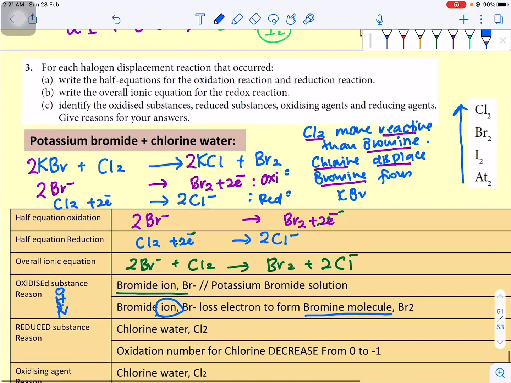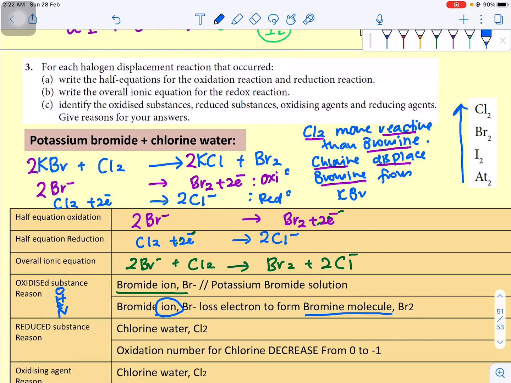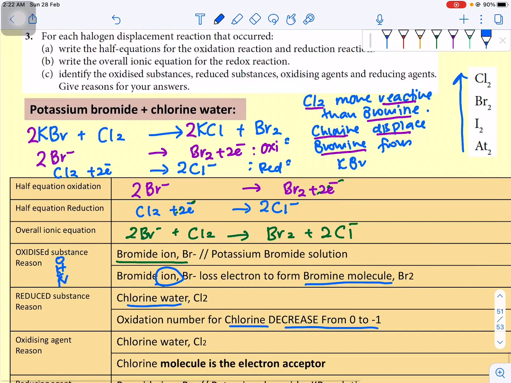And who undergo reduction or reduce is chlorine water. Because oxidation number for chlorine decrease from 0 to -1.